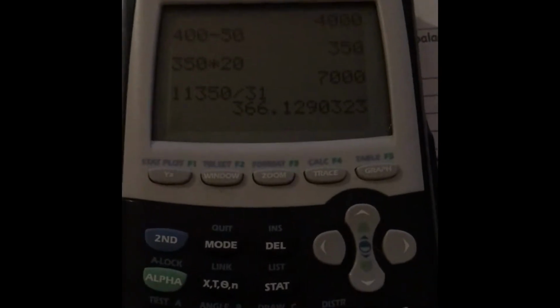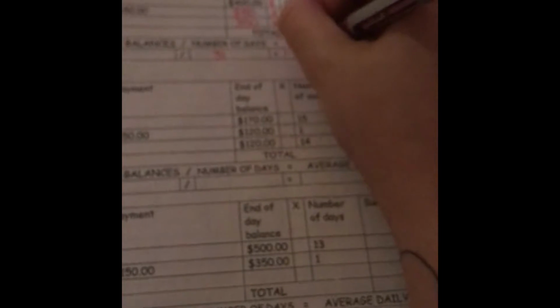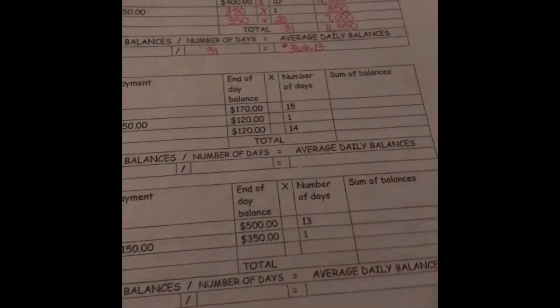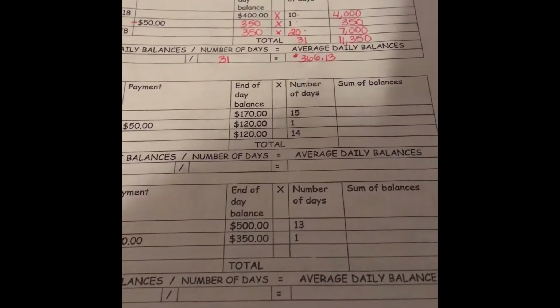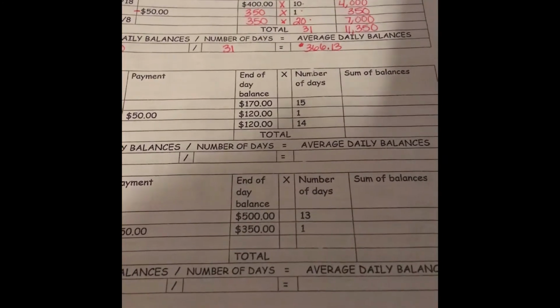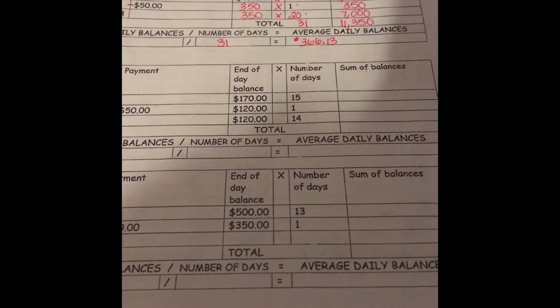Rounded correctly, I have 366 and 13 cents. So if our finance charge is based on our average daily balance, my finance charge would be based on $366.13.